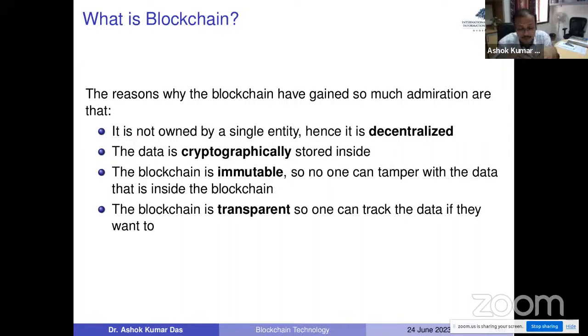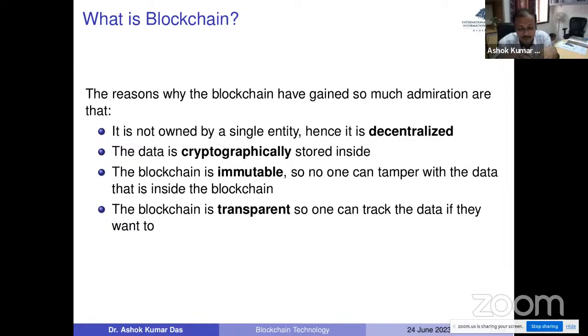The second thing is that data is cryptographically stored. If we have data to be kept securely, we can encrypt the data, and the encrypted data can be put in the block, and that block can be mined and put in the blockchain. Even if our data is not encrypted, that is, it is public data inside the block, due to the cryptographic hash storage of the previous block, the blocks are cryptographically linked.